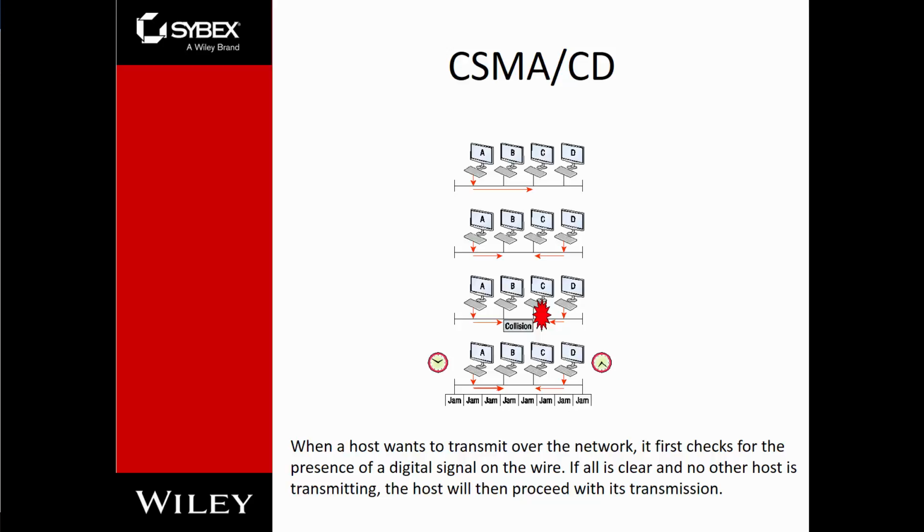So, what mechanism do we put in place to prevent collisions, whether it be a hub environment or a switch environment? We actually had this carrier sense multiple access with collision detection, CSMA/CD.